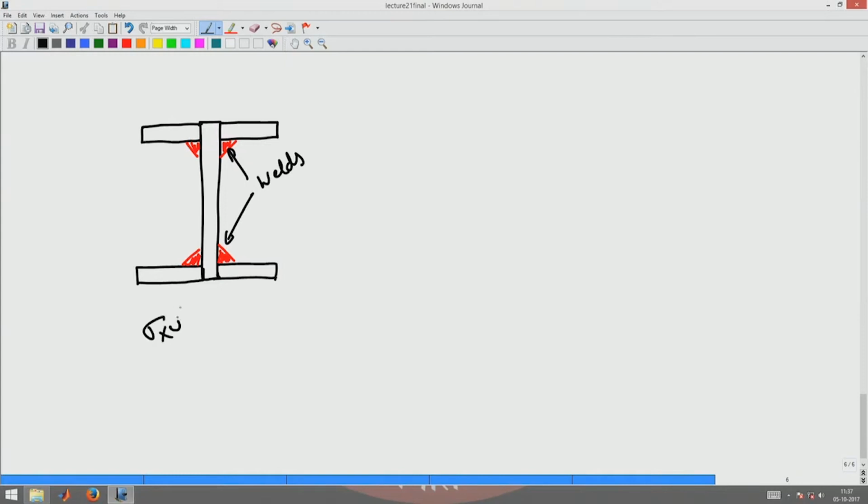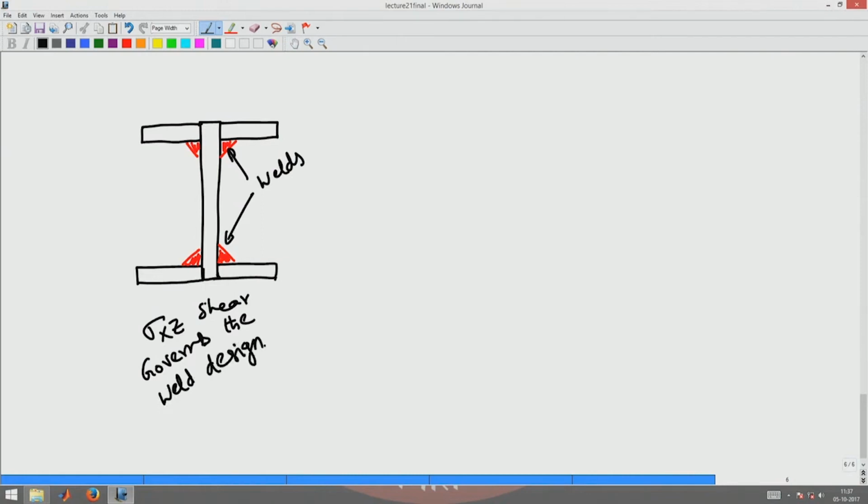This is governed by sigma xz shear; it governs the weld design.